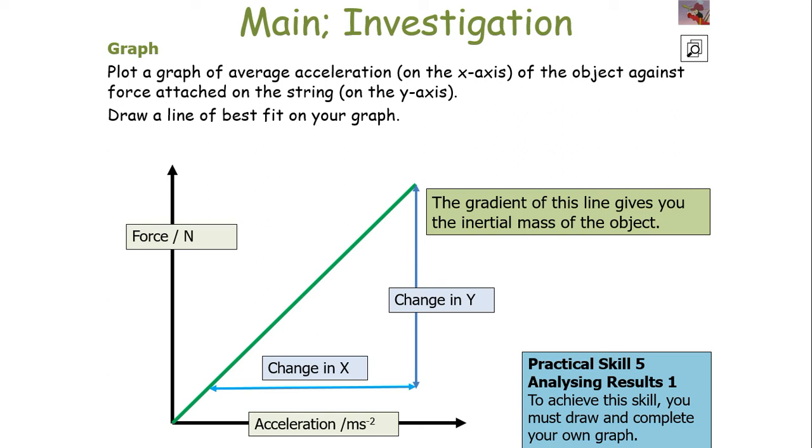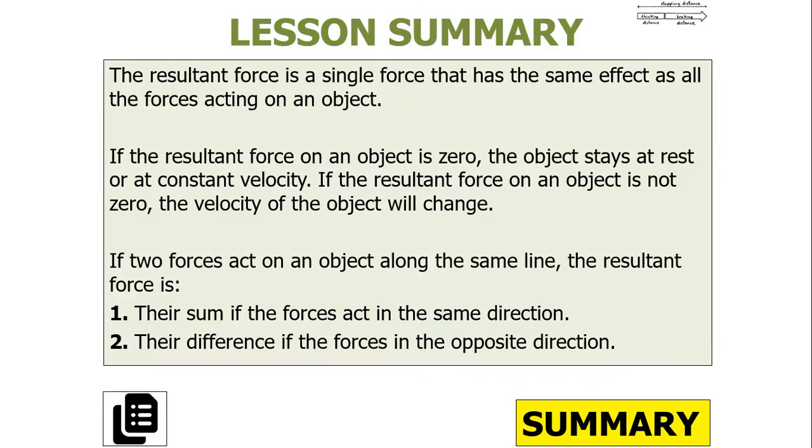Now, if you look at this particular graph, if you have force divided by acceleration, or F over a, you would actually work out m, because if F equals ma, m equals F divided by a. You'll notice the gradient, which is the change in y over the change in x, is going to be force over acceleration. So if you plot it like this, the gradient of this line will give you the inertial mass of the object.